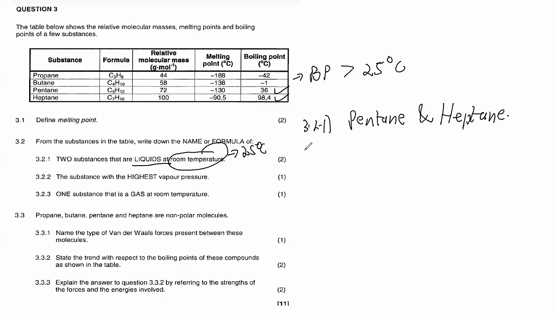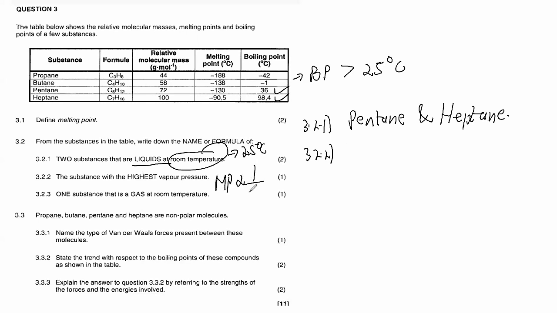Right, then 3.2.2, they're asking for the substance with the highest vapor pressure. According to our relationship, we are only given the melting point and boiling point, but we do know that vapor pressure is inversely proportional to the melting point and also inversely proportional to the boiling point.